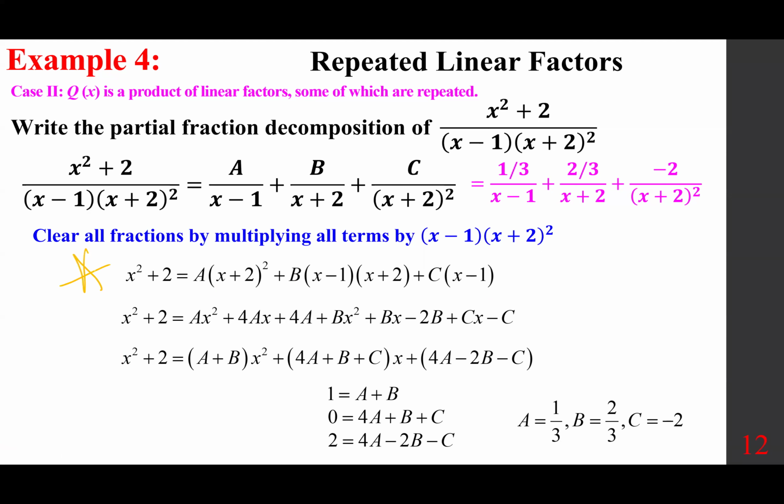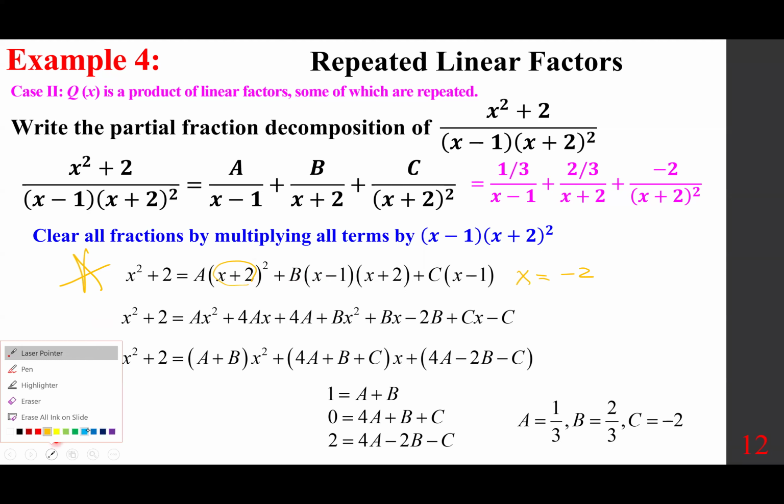And you say, okay, what if I choose, just as an example, x equals -2, just to give you an example. If I choose x equals -2, this goes to 0. This has b times x minus 1 times x plus 2. This goes to 0.